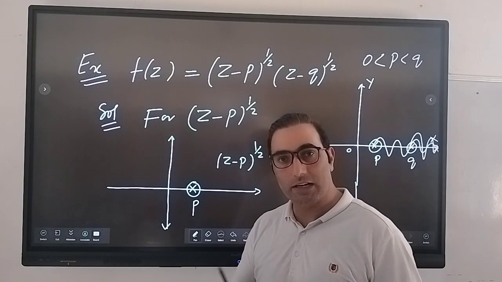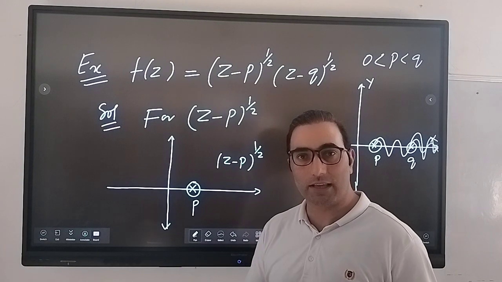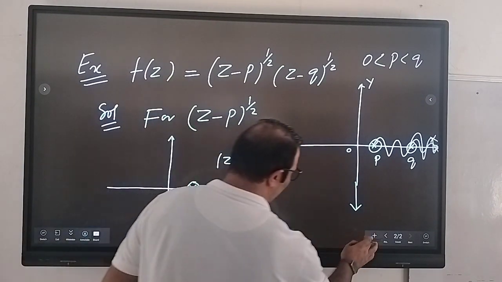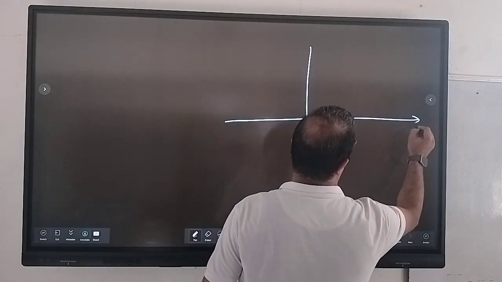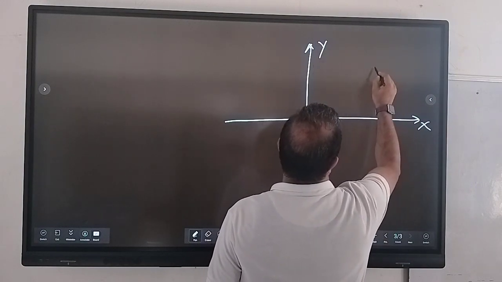So we need to write down all the phases, first for this function and similarly for the second. So for the first function, let me write it here. This is our x, y axes.